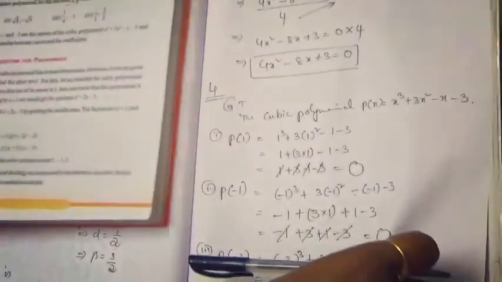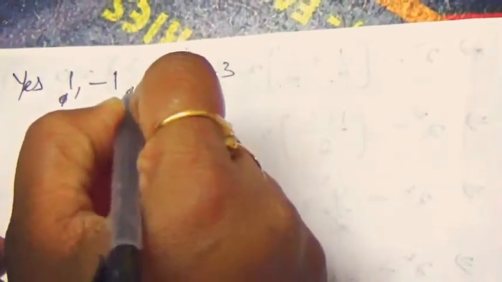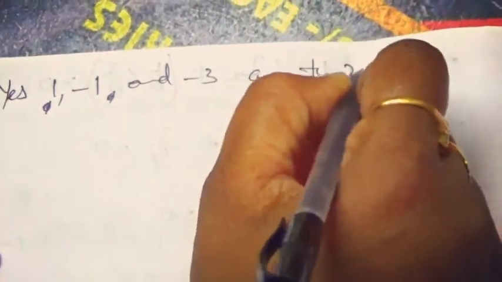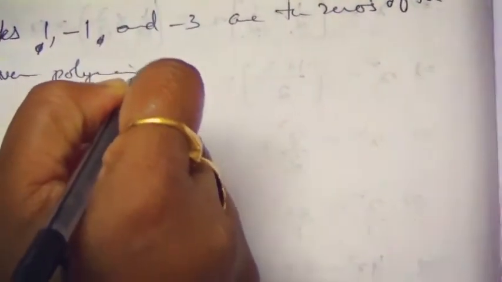Hence we have to write yes, 1, minus 1 and minus 3 are the zeros of the given polynomial. And also the relationships we have to check.